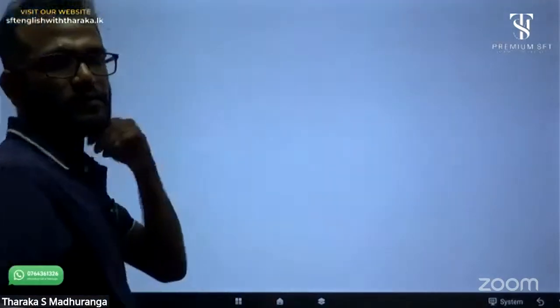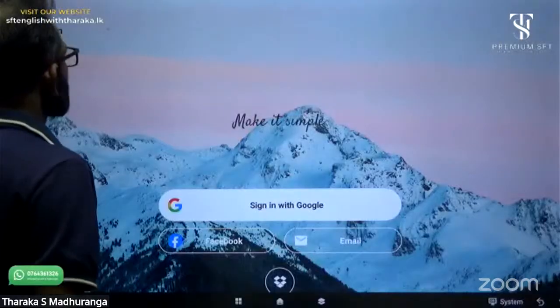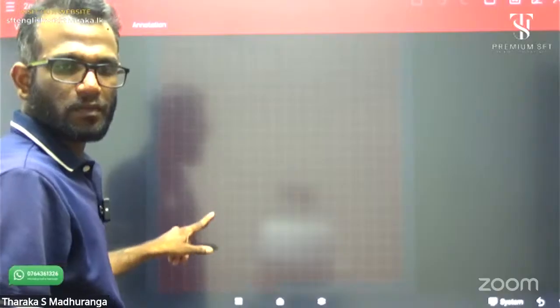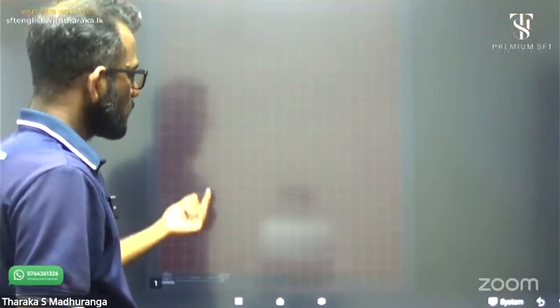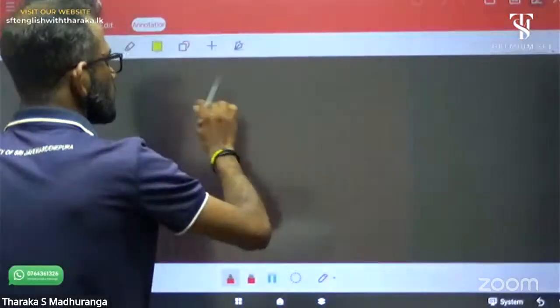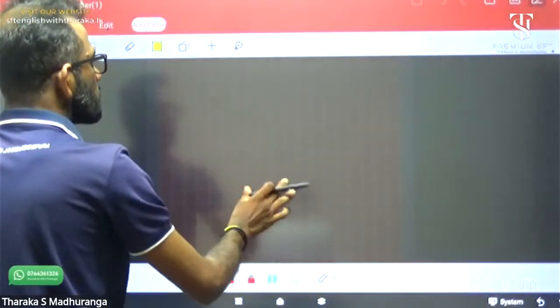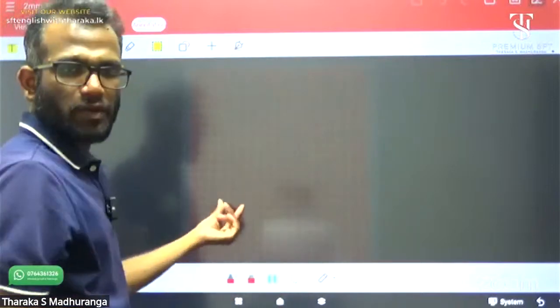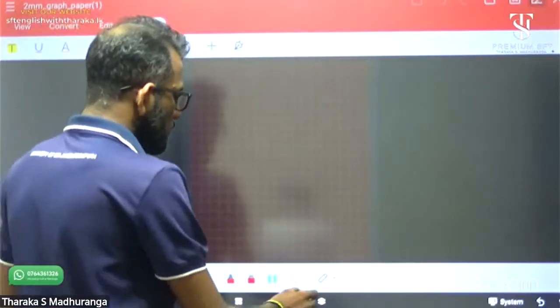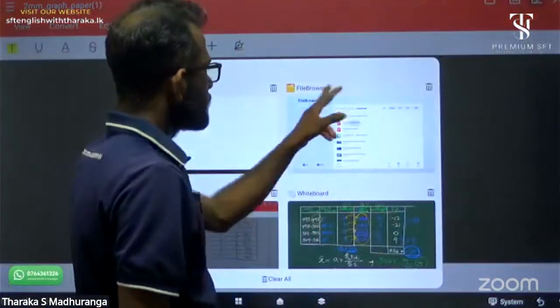Okay, this is my graph paper now. I'm going to draw the less than cumulative frequency curve on this graph paper. First of all, I'm going to draw my x-axis and y-axis.